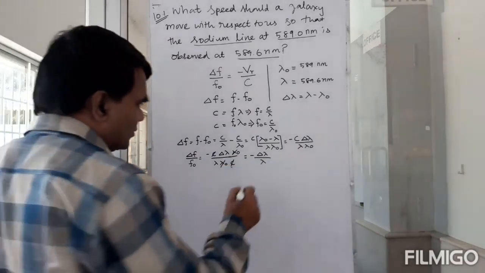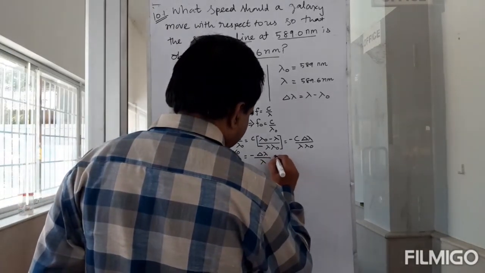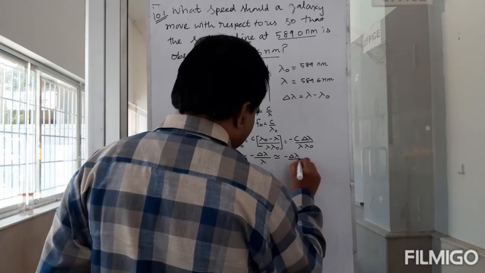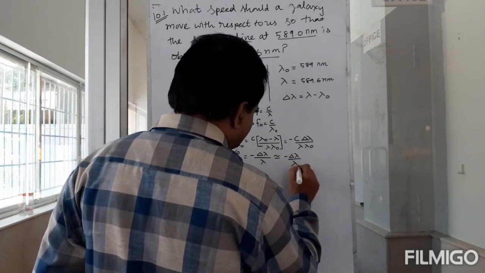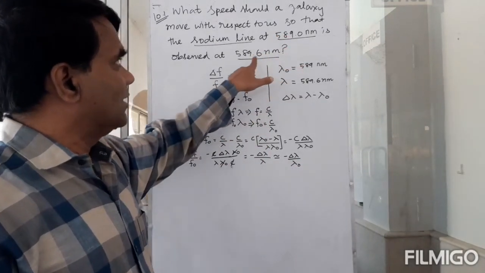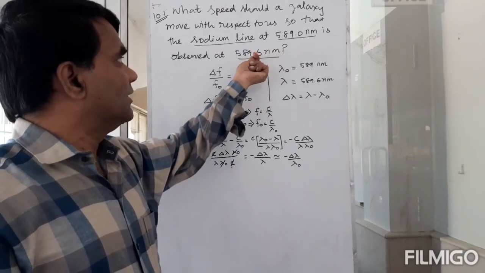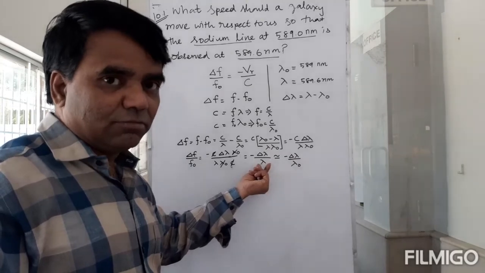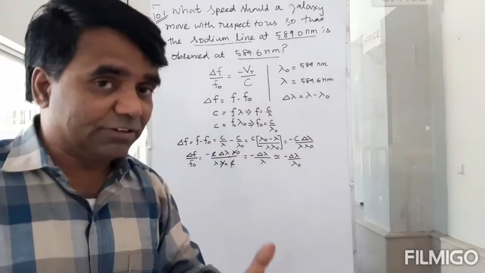But you know this also is approximately equal to minus delta lambda by lambda naught itself, right? You see there is not much of a difference between this lambda and this lambda, 589 and 589.6 nanometer. Why do I do that? Because it's in the denominator. If it is in addition or subtraction, it's a different story.